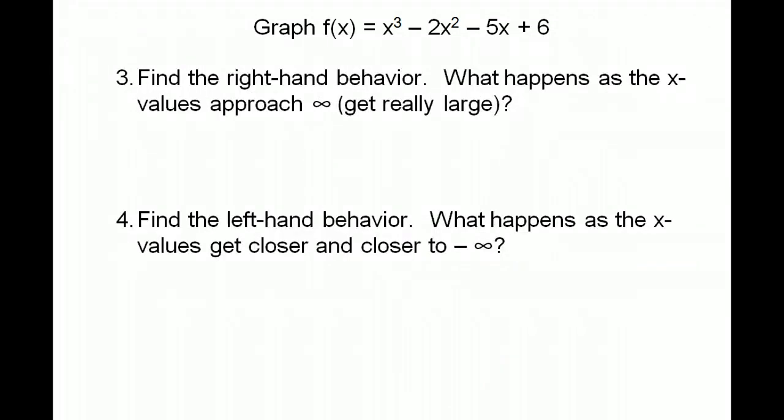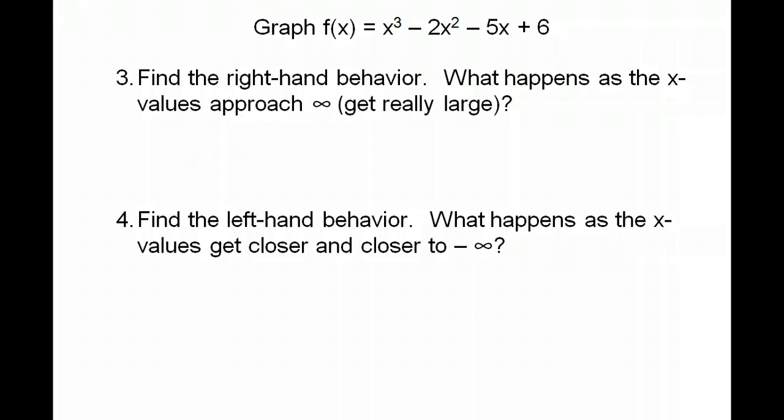Alright, I can actually do numbers 3 and 4 together, because what I want to do is just think through what happens as x gets really large or really negative. So when I get out to like 1 billion, I'm going to get a very large number here, and if I put in a positive billion and cube it, I'm going to get a really large positive number.